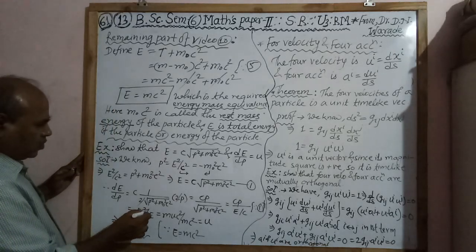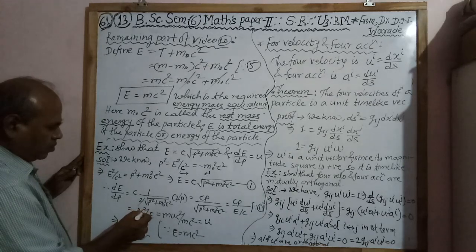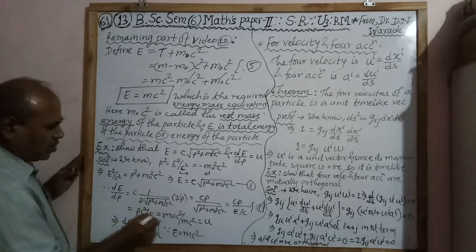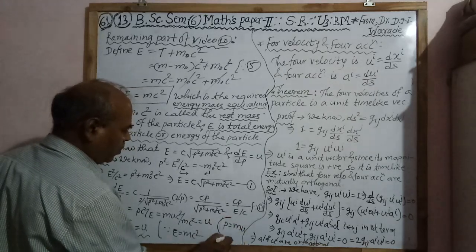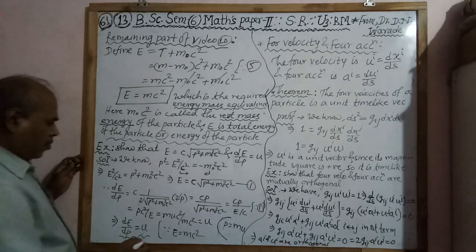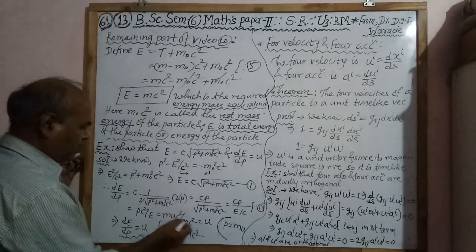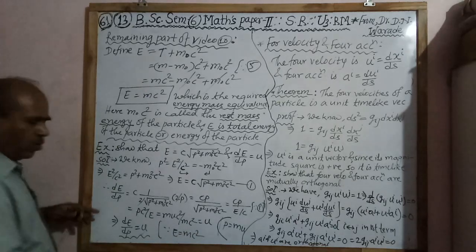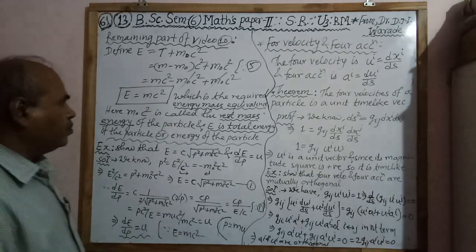Therefore p c square upon E. Again, the momentum p is given by m into u. Therefore m u c square by E, and again E equal to mc square gets cancelled, we have u. Therefore the value of the derivative dE by dp equal to u.